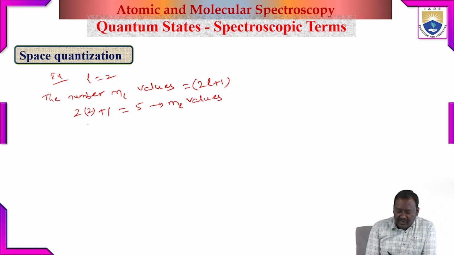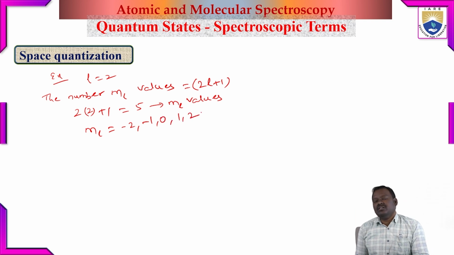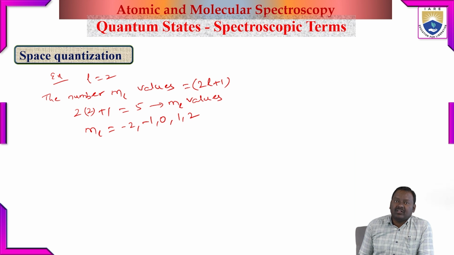The ml values are -2, -1, 0, 1, 2. For any given L value, ml values are -L, -L plus 1, -L plus 2, etc., up to 0, 1, 2, and up to plus L. So for L equal to 2, we get ml values -2, -1, 0, 1, 2.